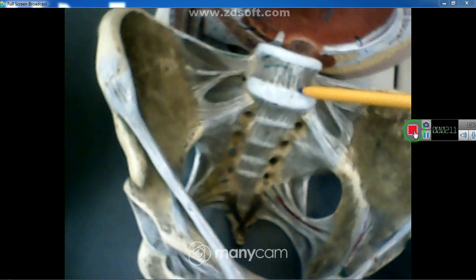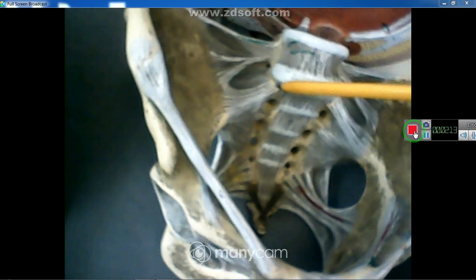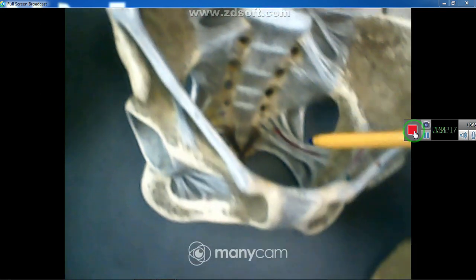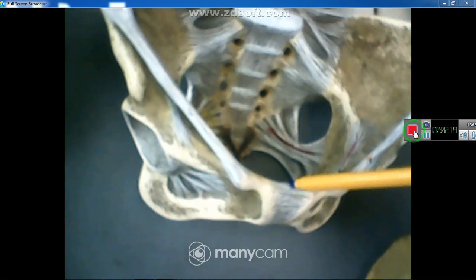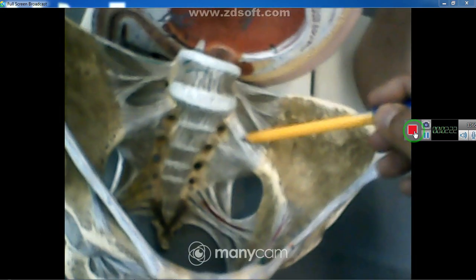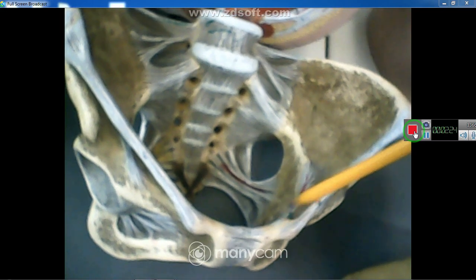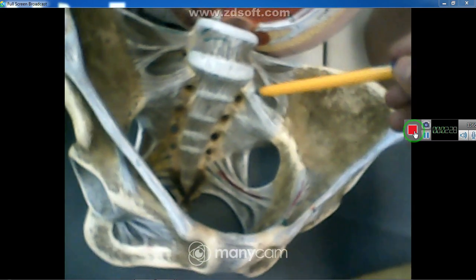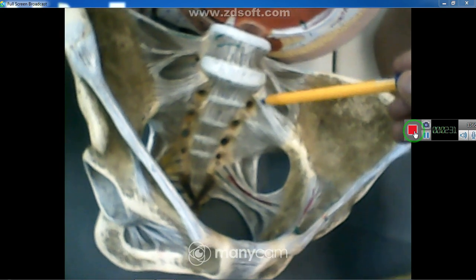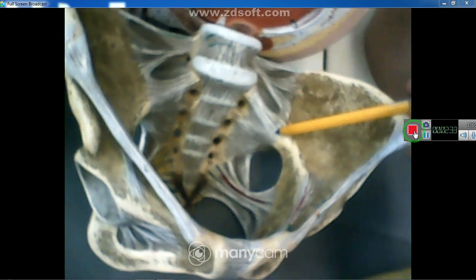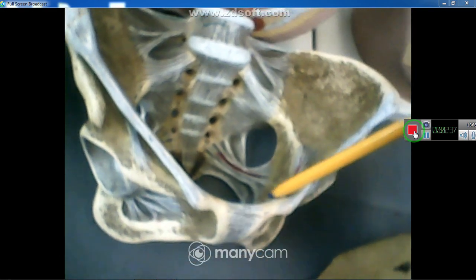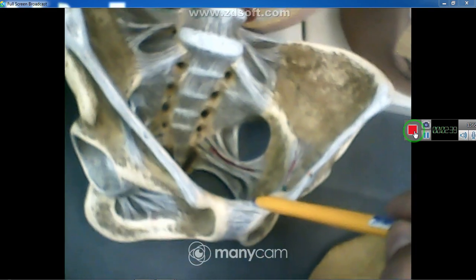And this inlet is a closed circle formed by the promontory of sacrum behind, the pubic symphysis anteriorly, and on the sides, linea terminalis. This linea terminalis is formed by the anterior border of ala of sacrum, then arcuate line of ilium, then pecten pubis, then pubic crest.